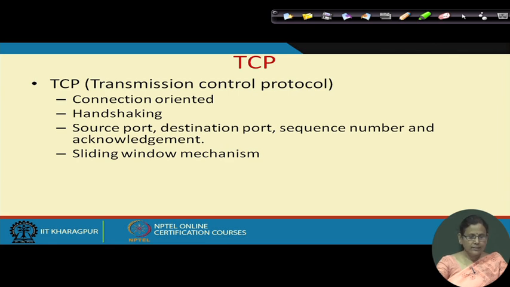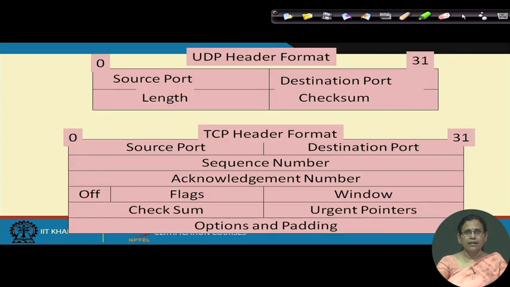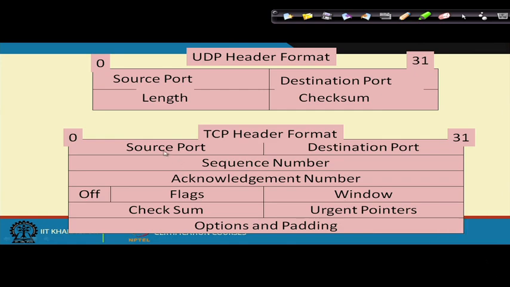During this handshaking, a couple of things happen. You send your sequence number and receive an acknowledgement number. The sequence number and acknowledgement number are part of your TCP header. So, just like somebody can read your IP addresses, an attacker can also read your sequence number and acknowledgement number.